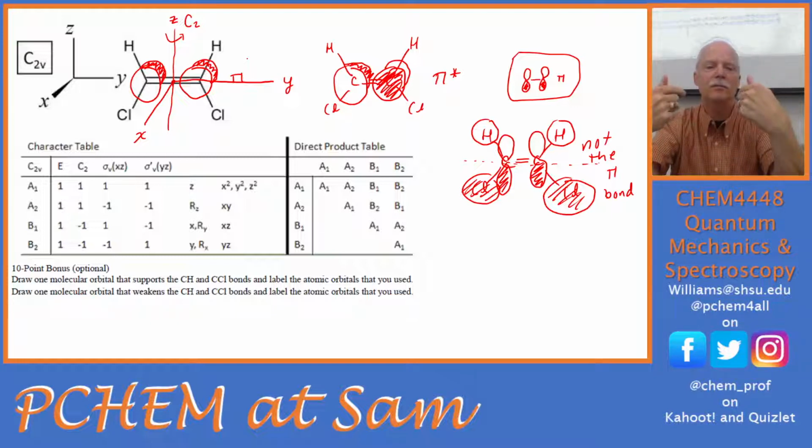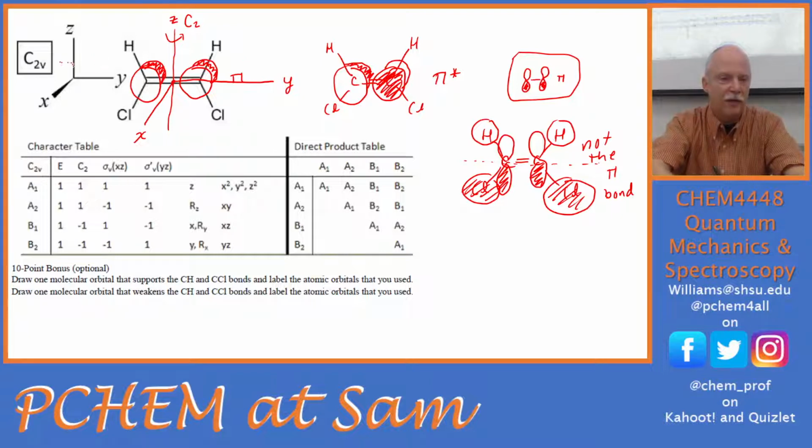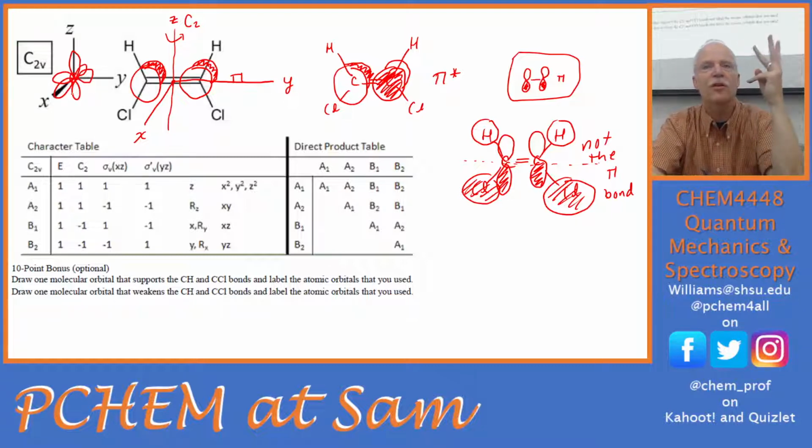And so those p orbitals that are out of the plane are the px orbitals. Just by looking at it, the symmetry. So if this is a carbon atom, I have an orbital that comes out in the x direction. I have an orbital that goes in the z direction, and I have an orbital that goes in the y direction. And so I'm trying to figure out which of those three p orbitals is going to make the pi bond.